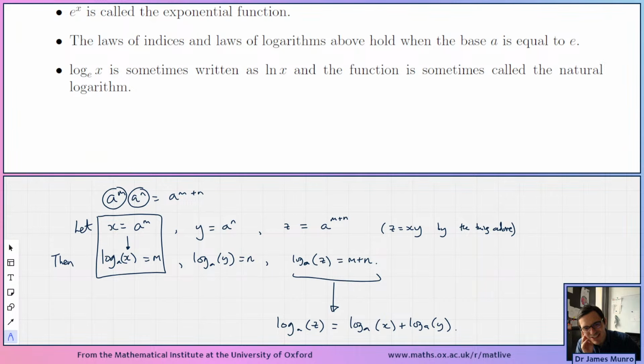Usually at university, mathematicians switch to writing log, L-O-G, again, to mean natural logarithms, which is a bit unfortunate: you learn this special notation for natural logarithm, and then later in life learn a different notation that's similar to the one you learned for the general function.